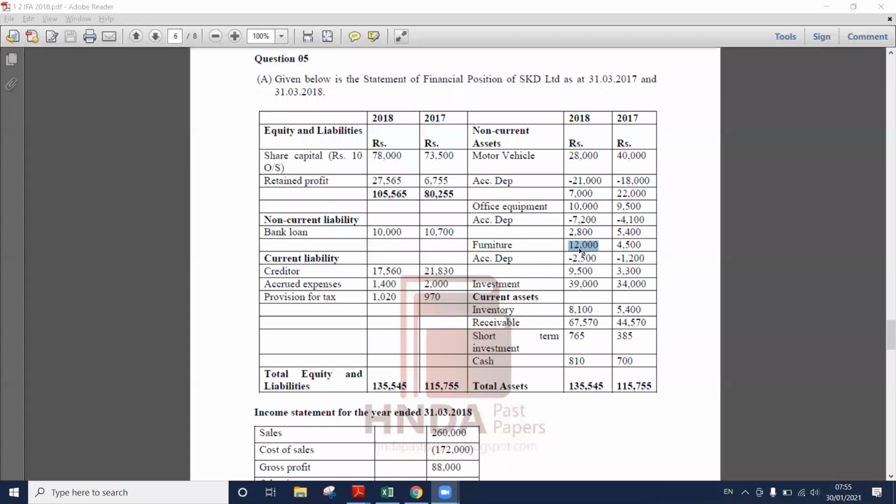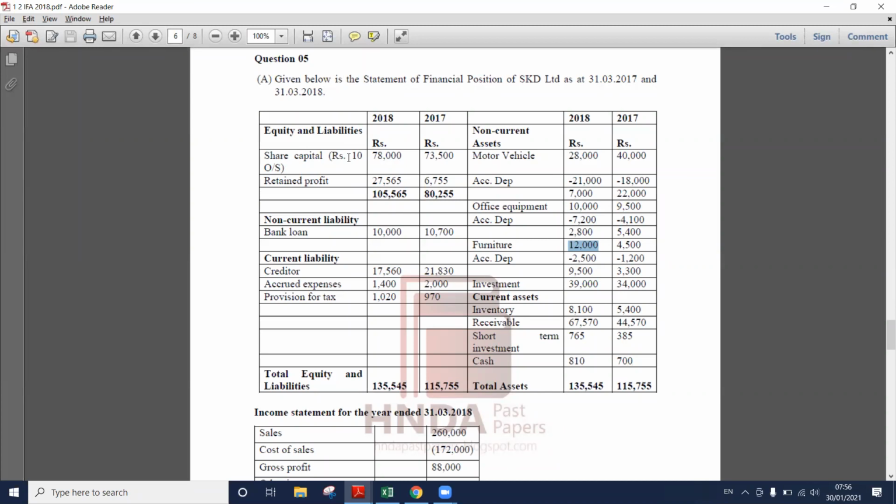Right? So what has happened to the share capital? Share capital amount has been increased by how much? By 4,500. 4,500කින් share capital එක වැඩි වෙලා. ඇයි share capital එක වැඩි වෙන්නේ? How is it possible?